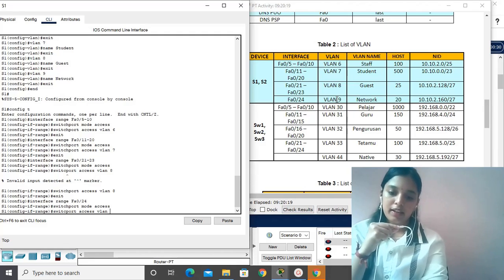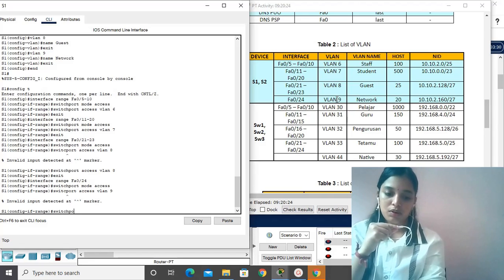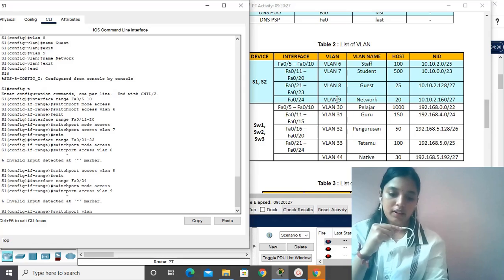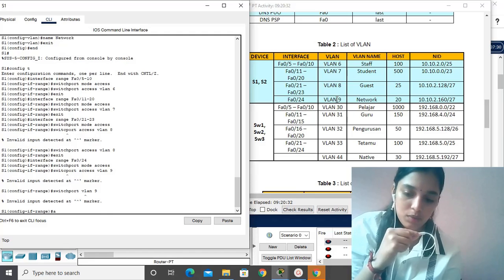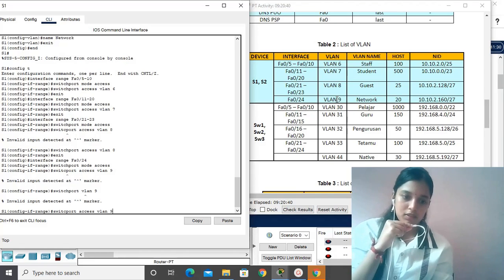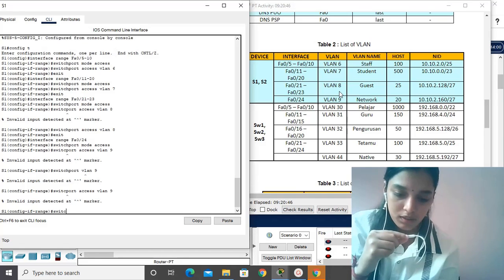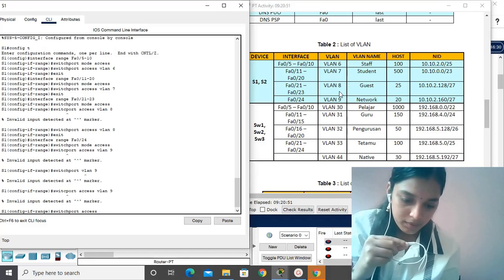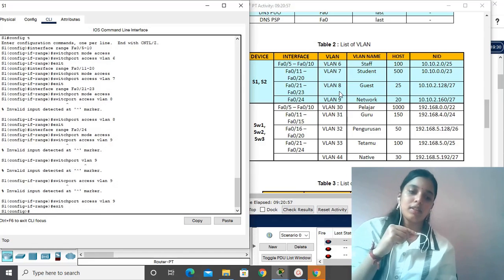There is given VLAN 9. There is something wrong. Switch port access VLAN 9. Must type correctly. Access VLAN 9. Exit. Okay, so that's all.